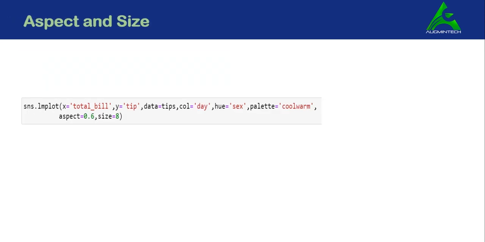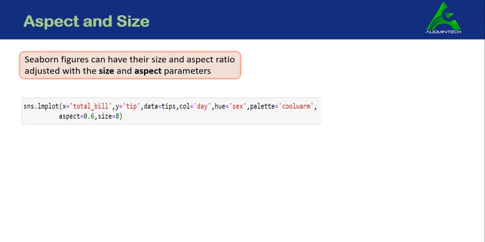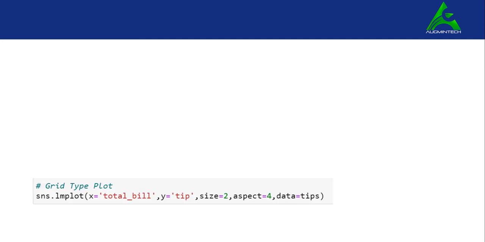Now let's see what aspect and size are. Seaborn figures can have their size and aspect ratio adjusted with the size as well as aspect parameters. So here we do sns.lmplot, to which we pass x and y variables, data set, column, hue, palette, and additionally we can also pass the aspect and size parameters.